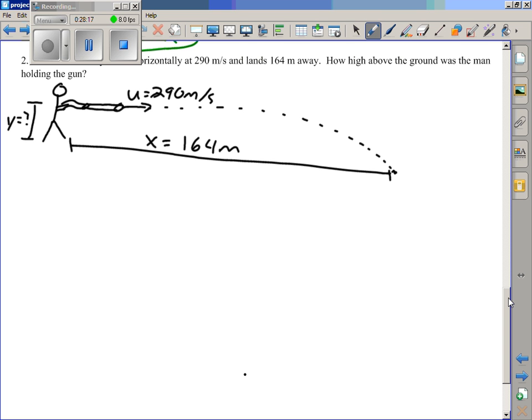So here we go. In the x, I've got v equals 290. I've got x equals 164. Let me put the correct units on this. T, I don't know anything about time.